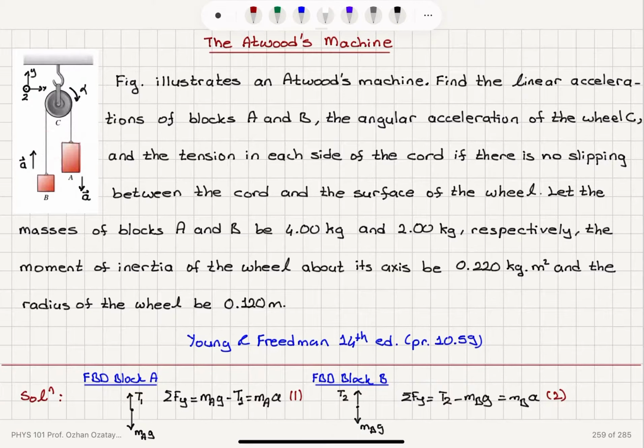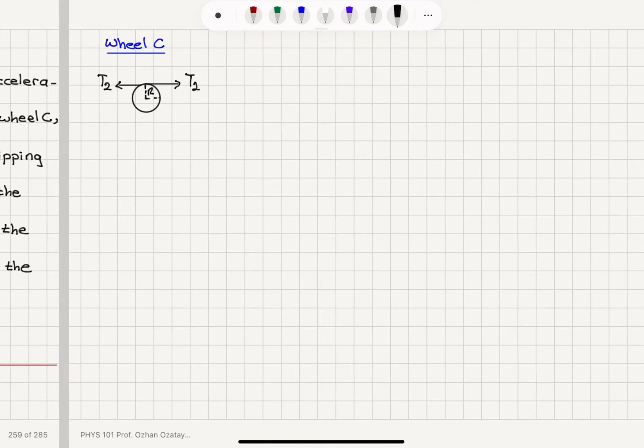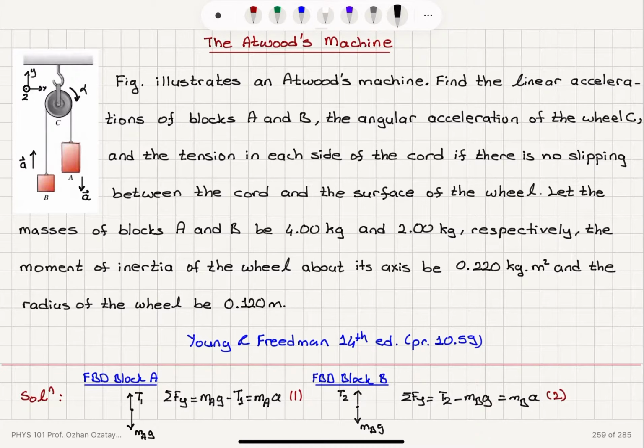T2 pointing up on B would correspond to a tension T2 pointing towards the left on the wheel C. So let's make this correct. This T2 is pointing to the left and T1 is pointing to the right in this setup, because I have called this one T1 and this one T2.